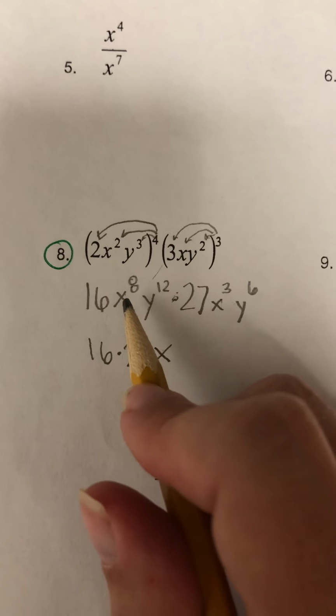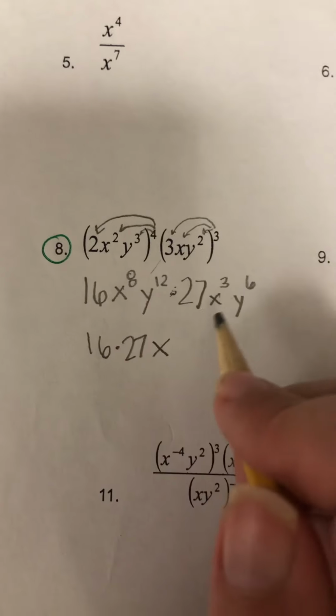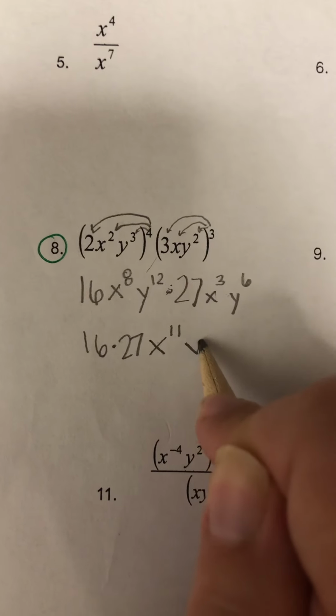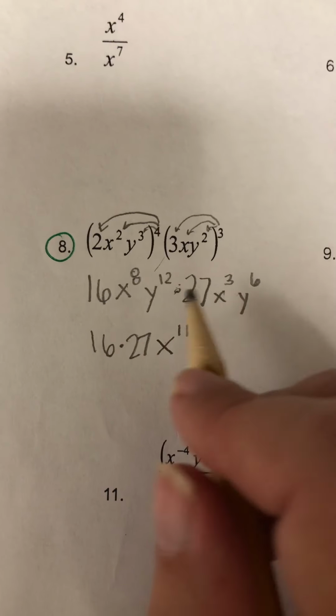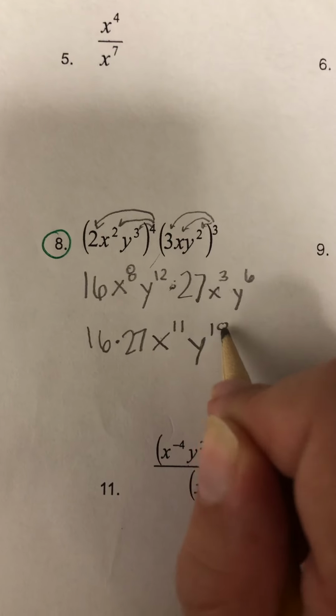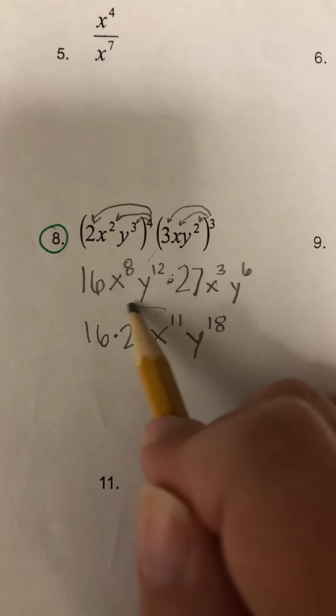So in this case, x and x, we add 8 and 3. So 8 plus 3 is 11. Same with the y's. You have a 12 and a 6. So because the bases are being multiplied, you add the powers. So that's y to the 18th. And again, you're going to type this number into the calculator to actually get it.